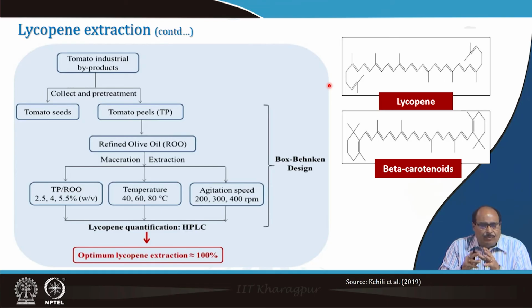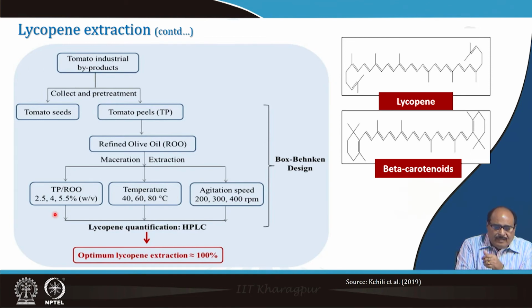They have recommended that the tomato industrial byproducts be collected and given a pre-treatment, and you get tomato seed and peel. The peel can be subjected to refined olive oil, RO, then macerated and extracted.